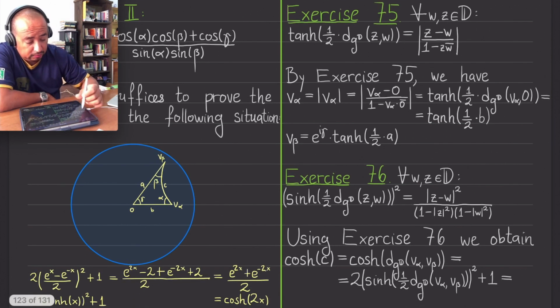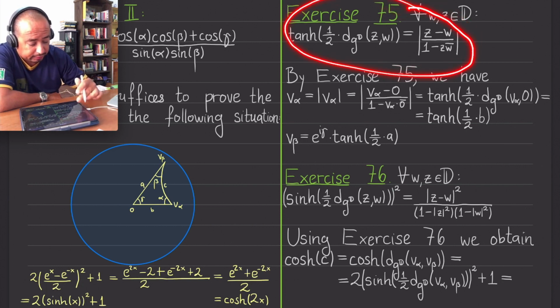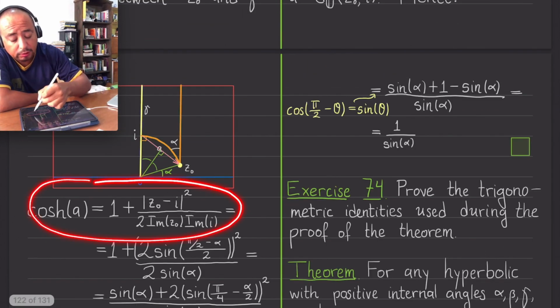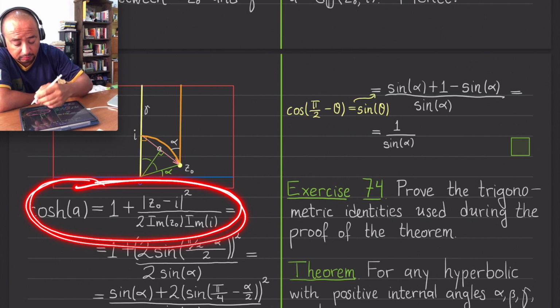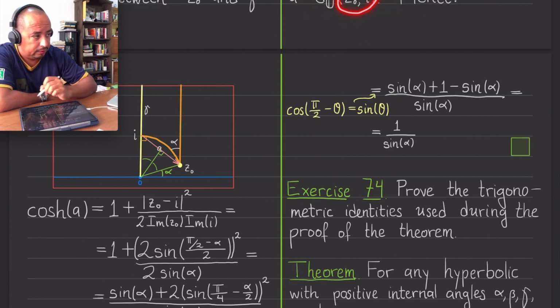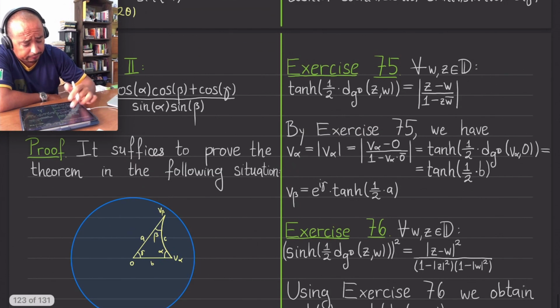And then one uses some identities. This one is somehow similar to the general version of this one, where A is the hyperbolic distance between two more arbitrarily chosen points. It looks similar to that one.